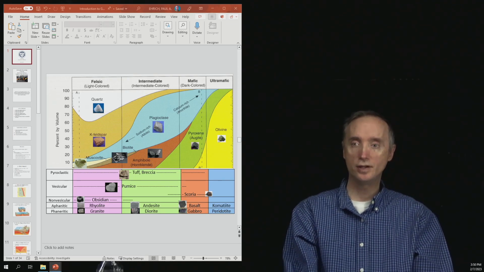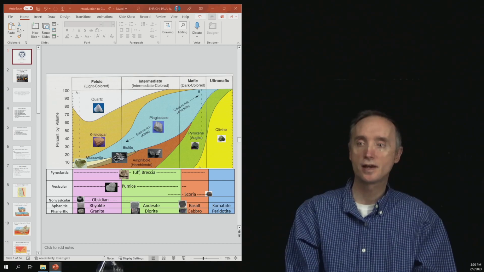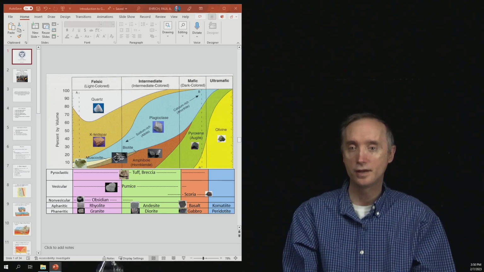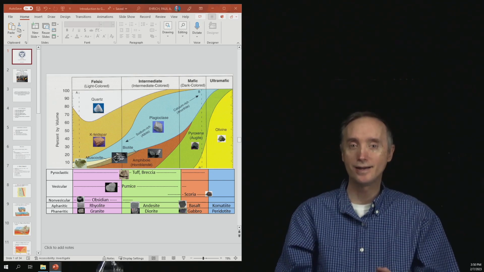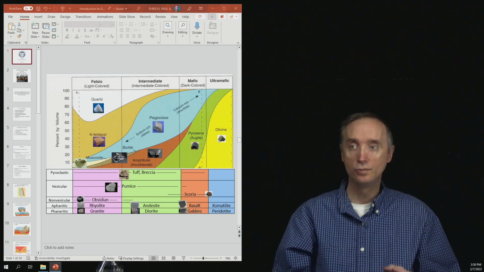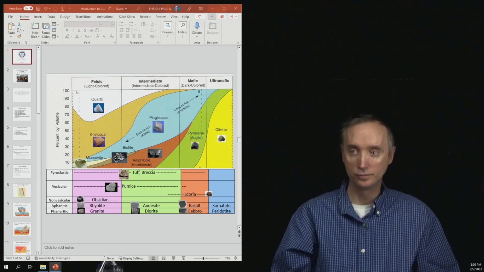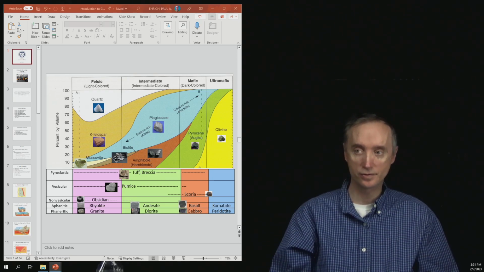So then the question is, what's the difference, let's say, between rhyolite and granite? So rhyolite and granite, they are identical in what minerals are in them. So the difference is the size of the crystals.